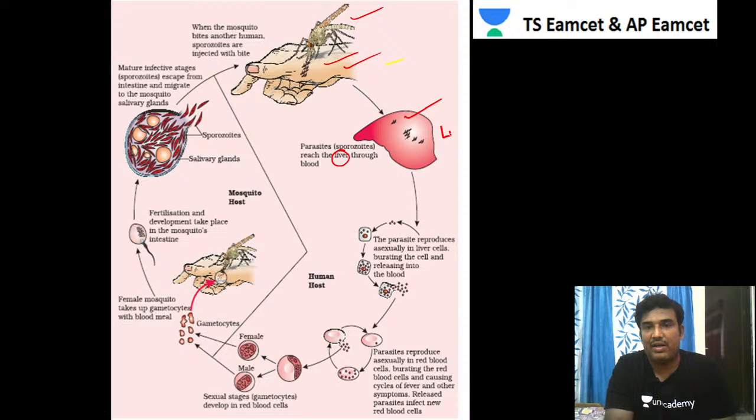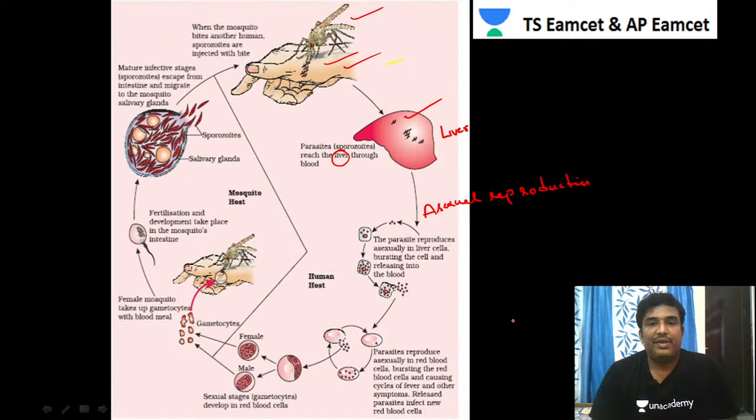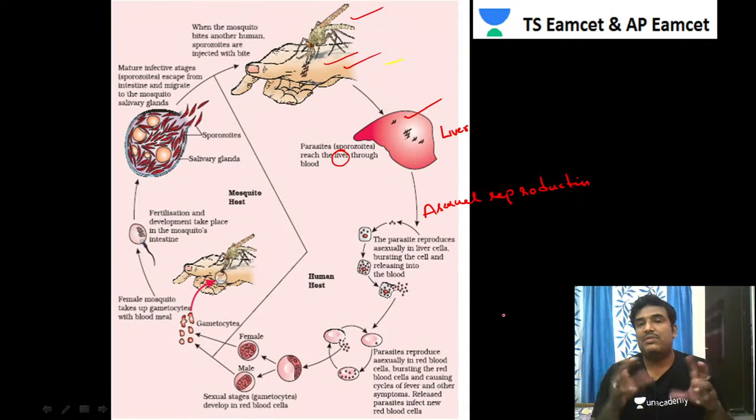Now this is the liver. Inside the liver the sporozoites start dividing. They undergo asexual reproduction inside the liver. After that, the liver cells burst, and after undergoing asexual reproduction, the parasites are released into the blood.